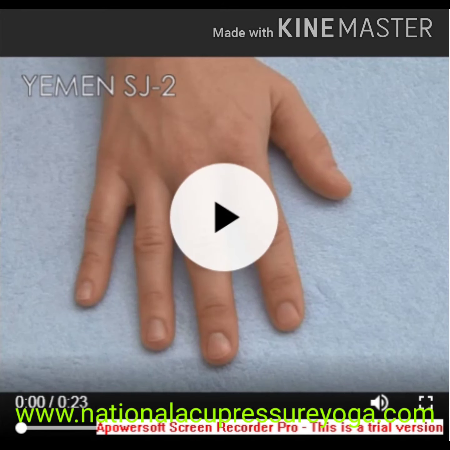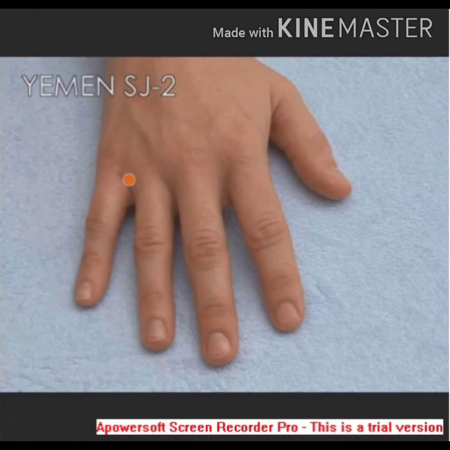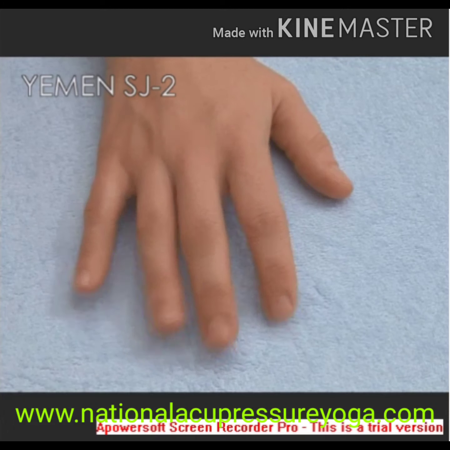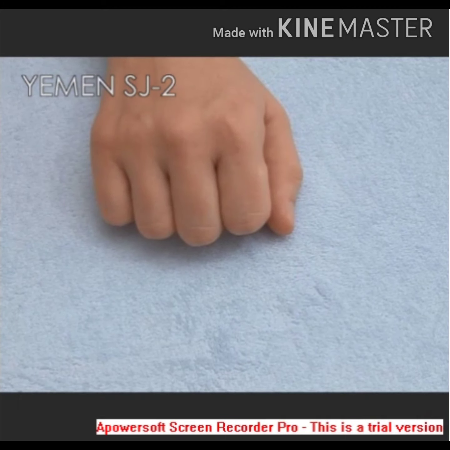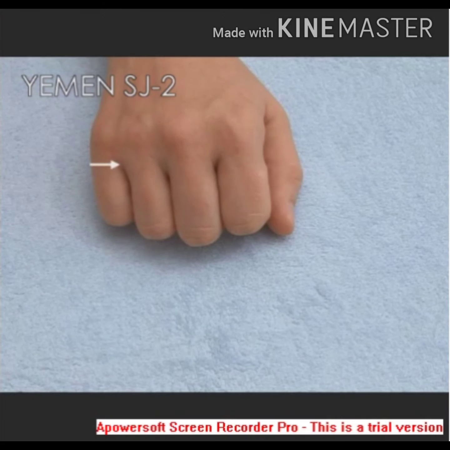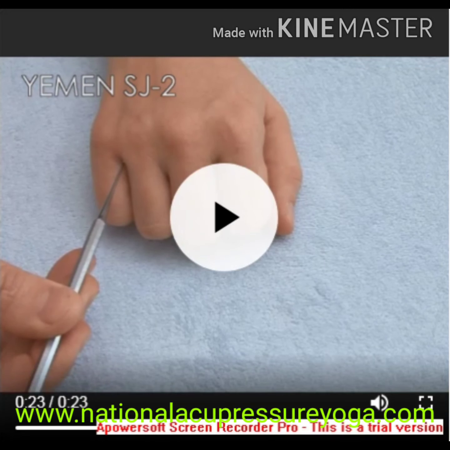Yue Men, Sanjiao 2, is located between the ring and little fingers, 0.5 cun proximal to the margin of the web. This point is usually located and needled with the hand resting in a loose fist. The point may then be located at the proximal end of the visible crease formed by the web space. Perpendicular insertion 0.3 to 0.5 cun.